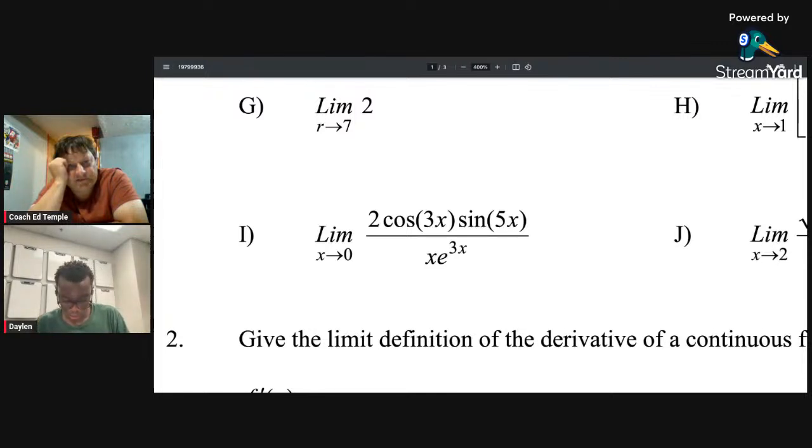Did they give you? Yeah, I'm pretty sure they gave you something, because when you start doing things like cosine of 3x and sine of 5x, there are some different angle identities that can help you make substitutions. And then there's some other stuff that I don't know if you can use for that, but there's definitely going to be some type of identity. Do you see anything with cosine of 3x, or any cosine or sine identities?